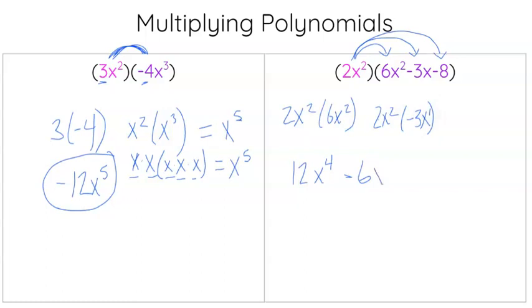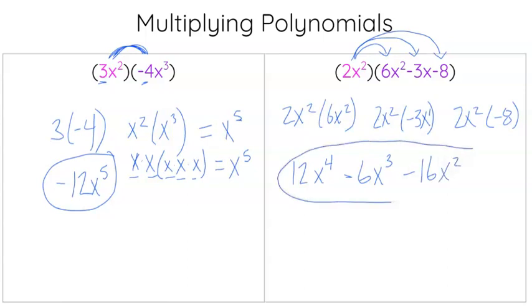And 2 plus 1 is 3. And then lastly, we'll take that 2x squared and multiply it by negative 8. 2 times negative 8 is negative 16. X squared, there's no x's with the 8, so we just keep it x to the second power. And that right there is our final answer.